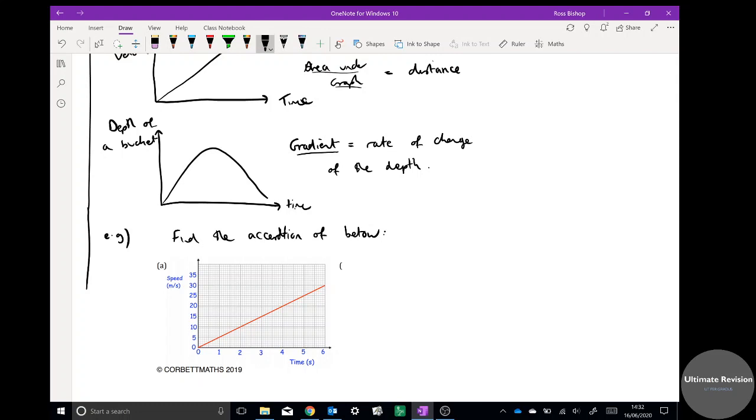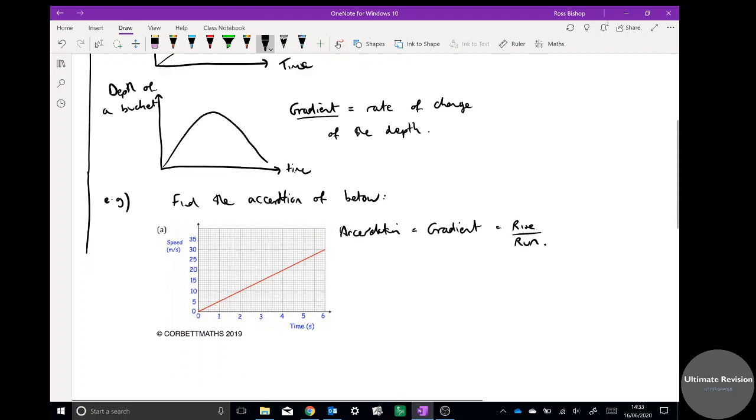Now, you should spot immediately that this is a speed time graph. So the acceleration will be equal to the gradient, and the gradient is rise over run.